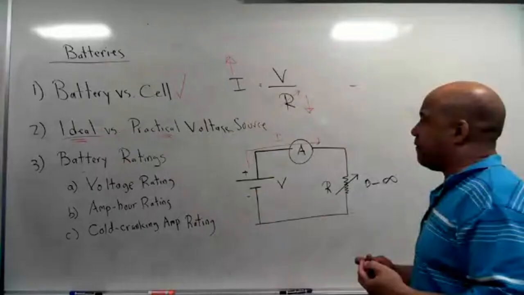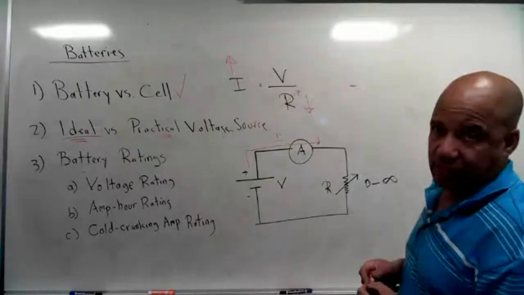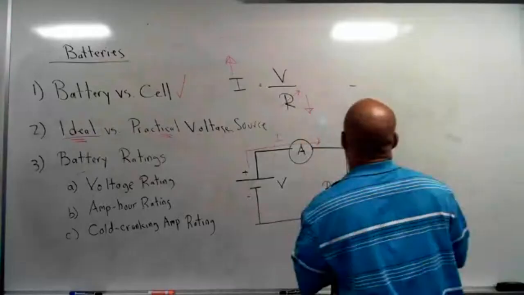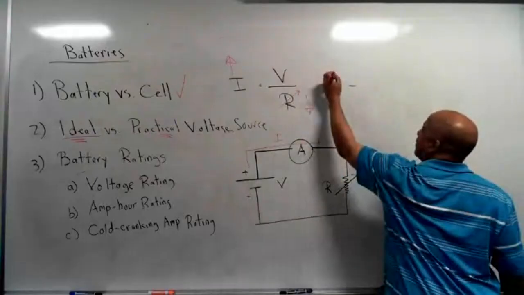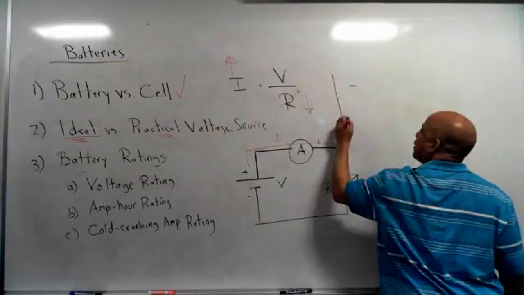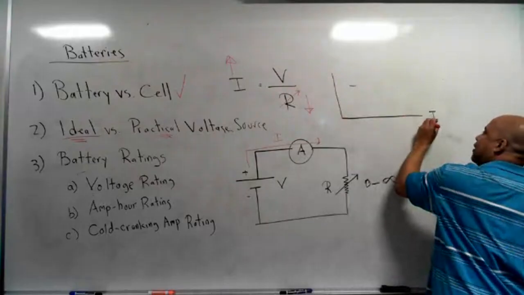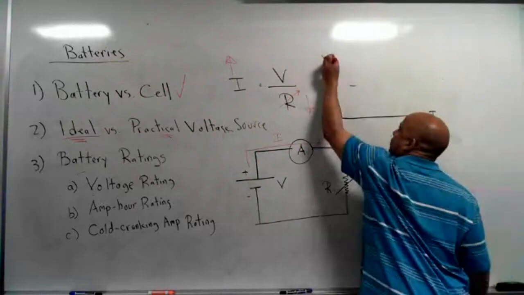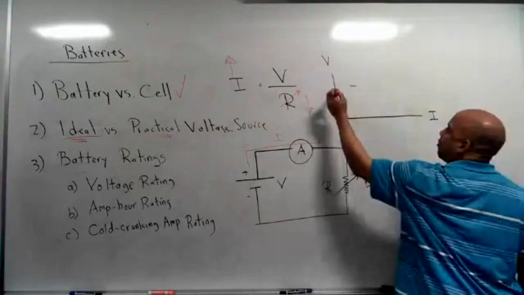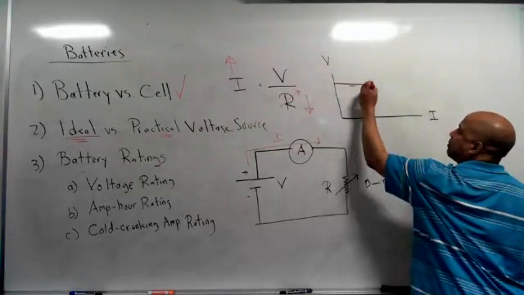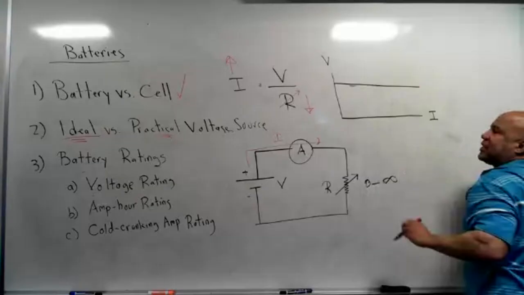Now let me make a graph of the situation I just described. We're saying that I have a relationship between the current of the battery and the voltage of the battery, where no matter what the current is, the voltage is this. That's DC.